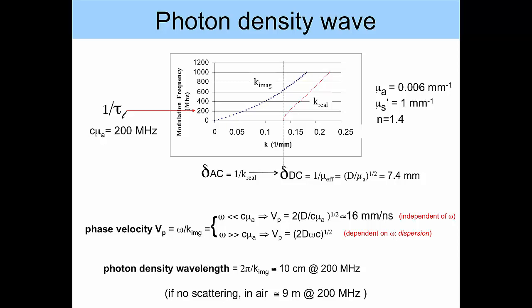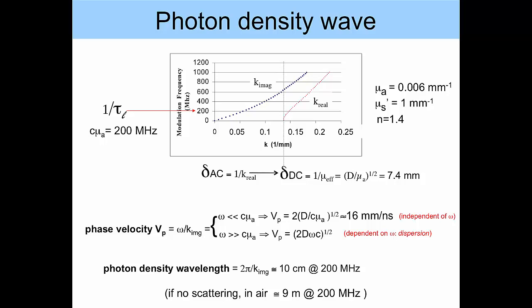And then the other thing that strikes me when I see this plot is that the K real is actually quite low relative to your typical scattering coefficients in tissue, meaning that, and that relates to, I think, your penetration depth in some sense, or your ability to have minimal damping in the amplitude with distance. And so maybe let me zero in on that, and this will become more clear.